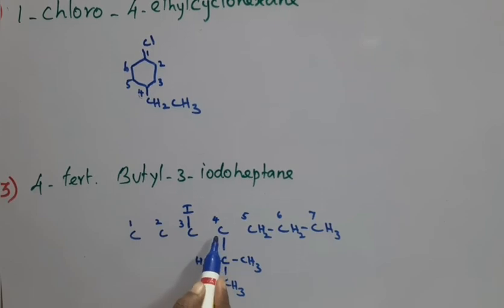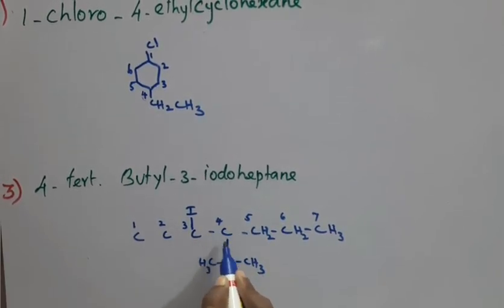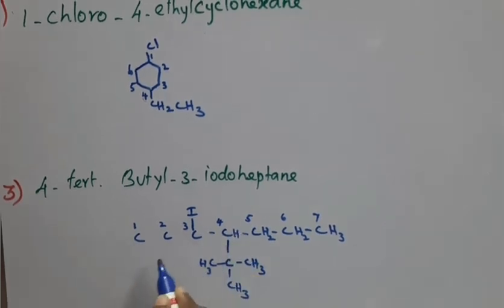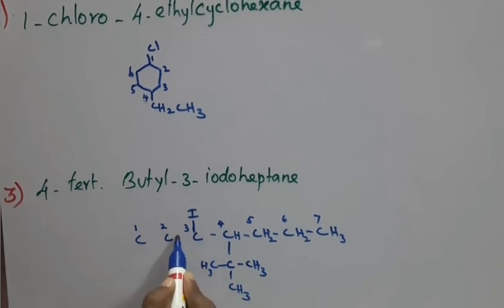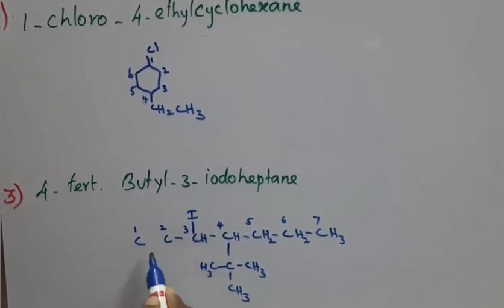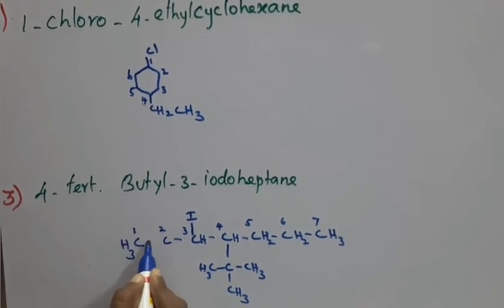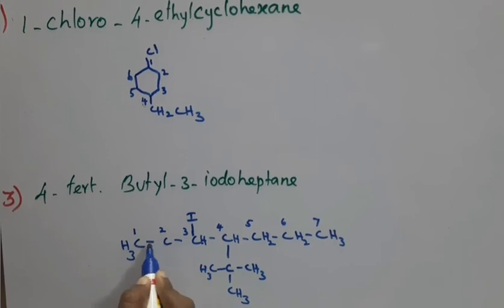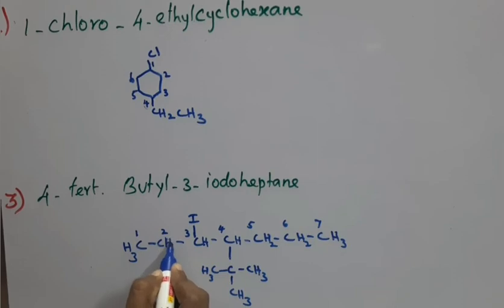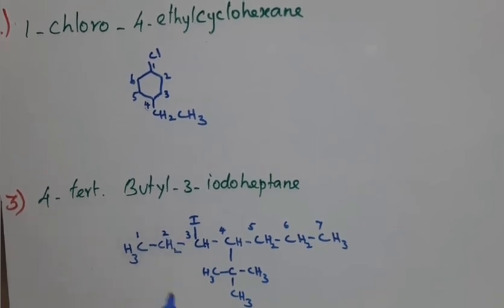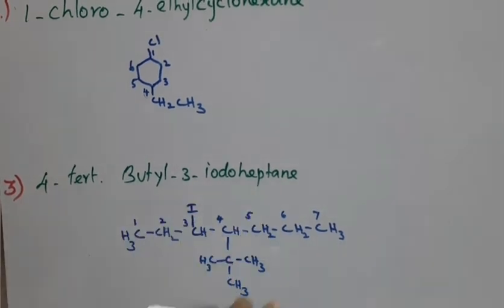Here one bond is already present, so add the remaining hydrogens to make 4 bonds. For the iodine carbon, one bond is already present, so fill to 4. At the ending carbon, CH3. For the other carbons, CH2 with 4 bonds. So this is 4-tert-butyl-3-iodoheptane.